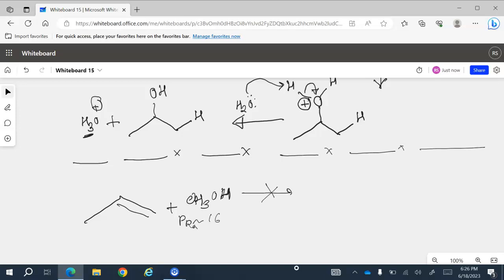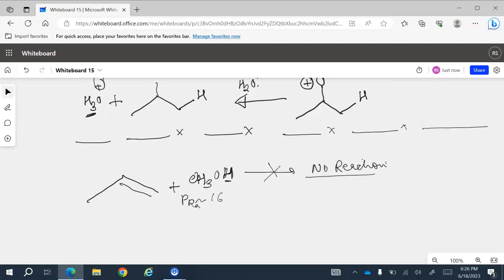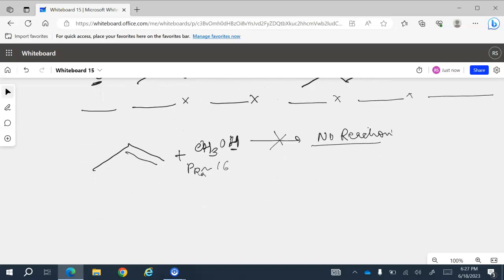So if you add methanol as such, no reaction takes place. Again, the same reason, right? This hydrogen is not acidic enough, and if this hydrogen is grabbed, then CH3O minus is a strong base, so that cannot be the leaving group. So those are the explanations why this reaction would not occur.